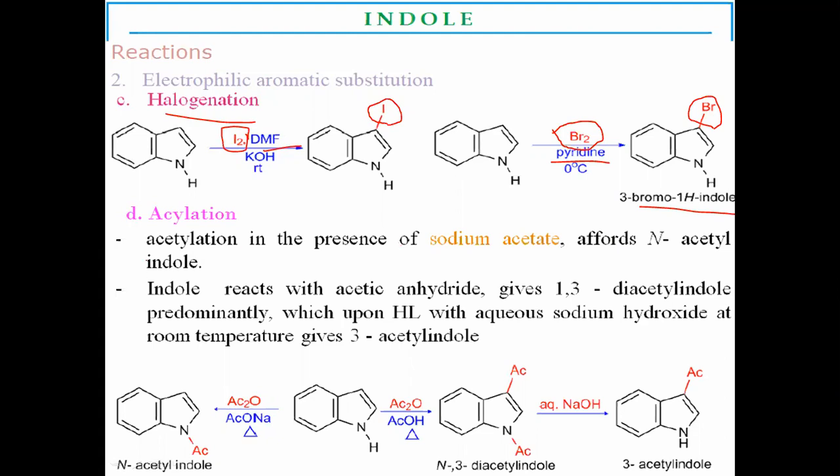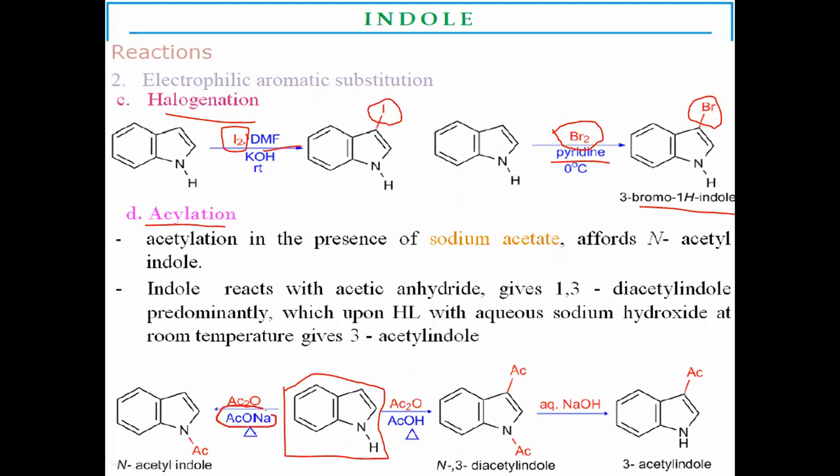Another reaction is acylation. The name itself indicates that acyl groups are substituted on aromatic rings, here the aromatic indole moiety. For acetylation, the indole reacts with acetic anhydride in the presence of sodium acetate.